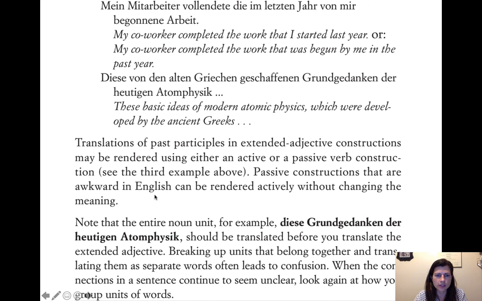Passive constructions that are awkward in English can be rendered actively without changing the meaning. Yeah. So technically, the more exact translation is the passive, von mir begonnen. But sometimes if it sounds awkward, because German likes the passive more than English does, feel free to put it into the active as long as the meaning is retained.